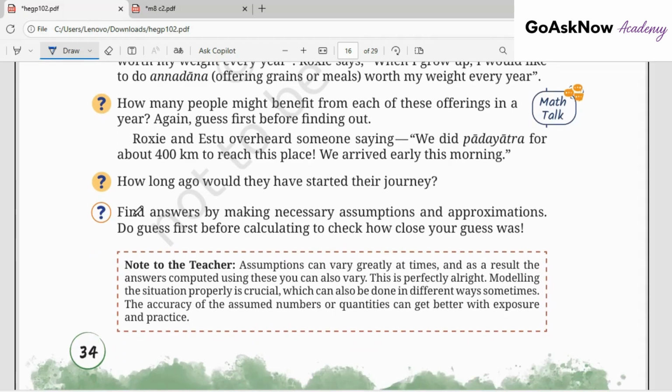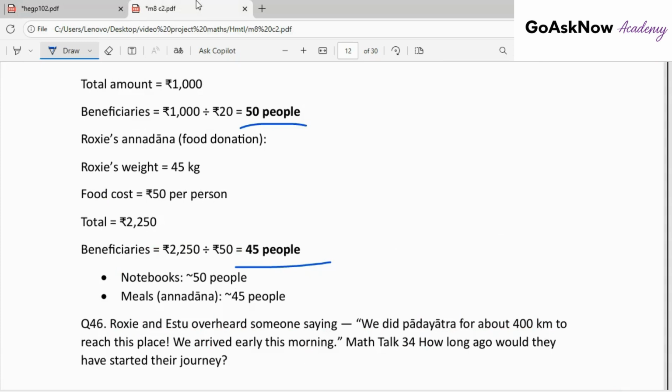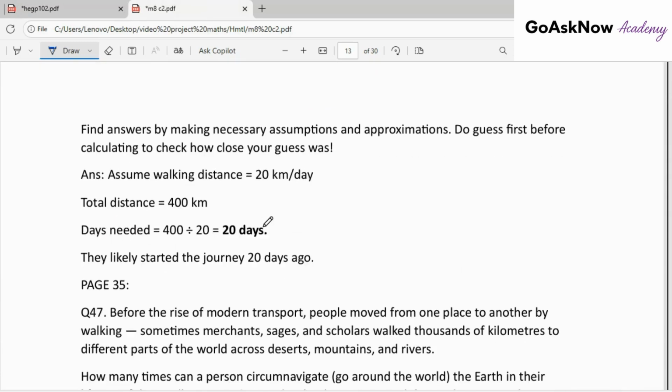Find the answer by making assumptions and approximations, guessing first before calculating, to check how close your guess was. Now, assume walking distance of 20 km per day. Total distance is 400 km. 400 divided by 20 is 20 days. They must have started 20 days ahead, in January.